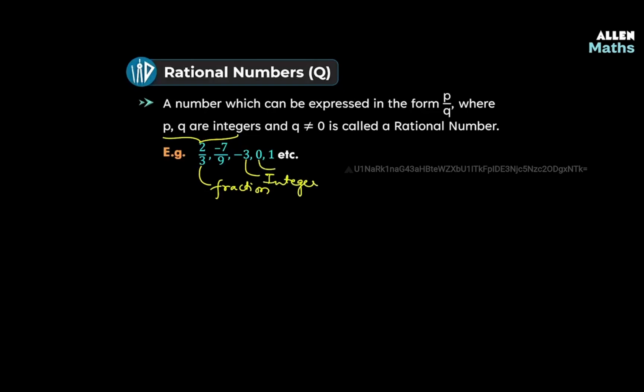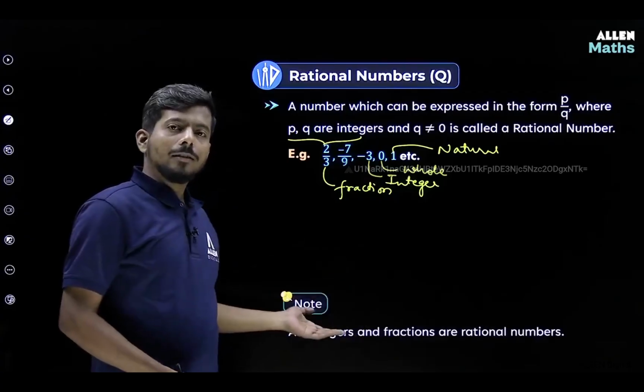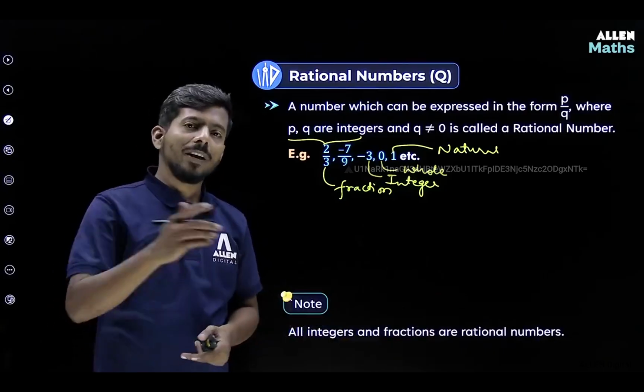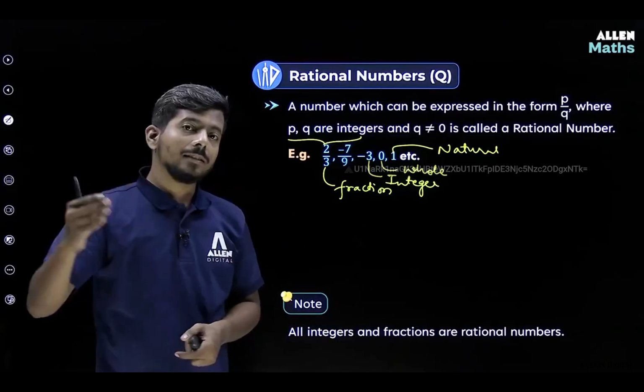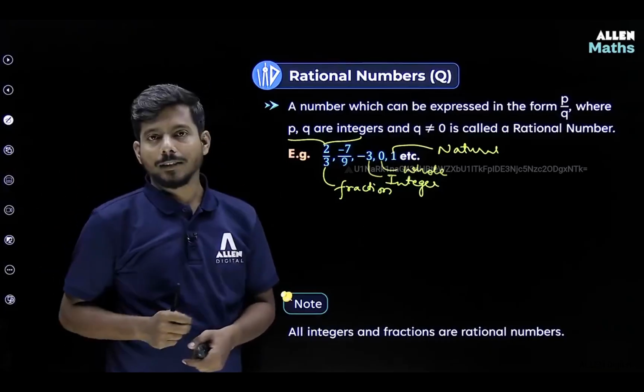This is 0, so it's an example of a whole number, and 1 is an example of a natural number. So we can conclude that all integers and fractions are rational numbers. All fractions are rational numbers, whereas all rational numbers are not fractions.